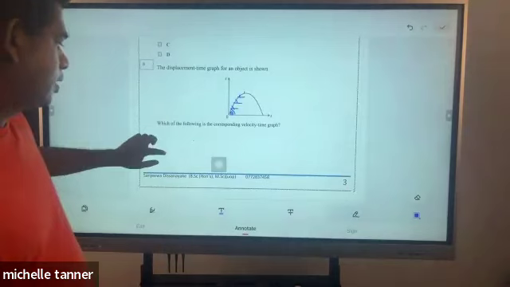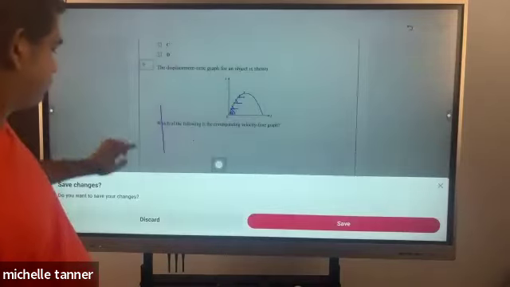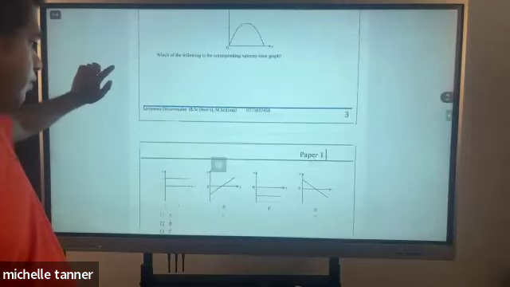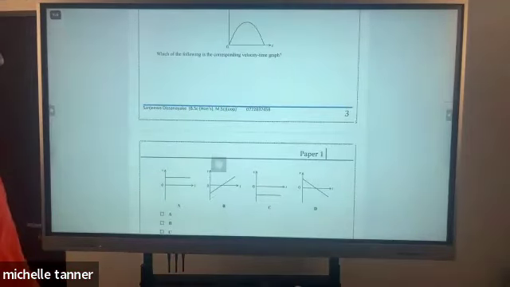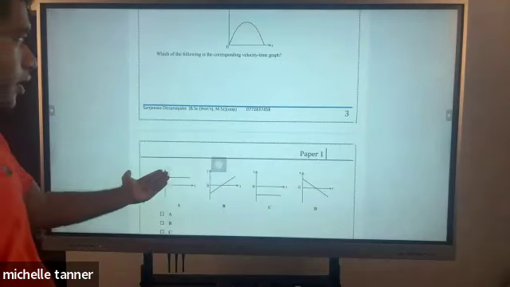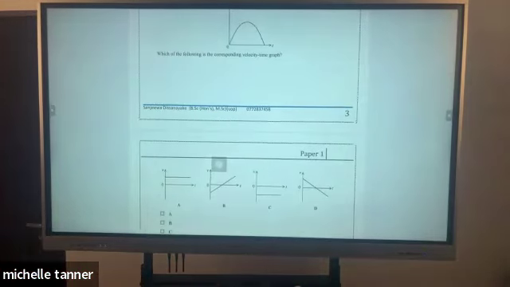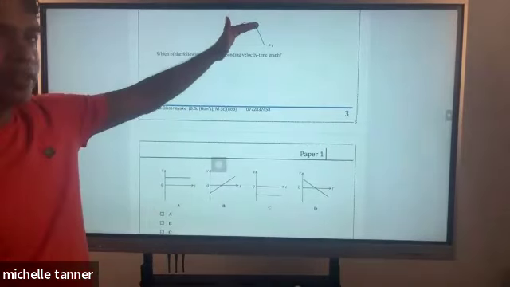Then what's the answer? A and C you can cut, because the direction must be changed. According to the displacement time graph, here displacement increases.